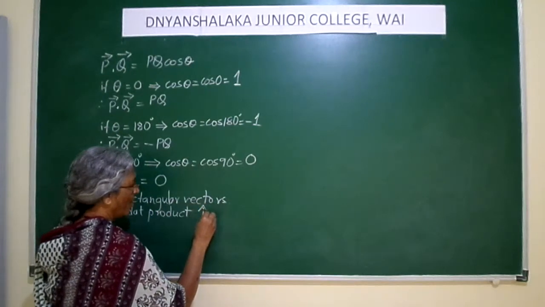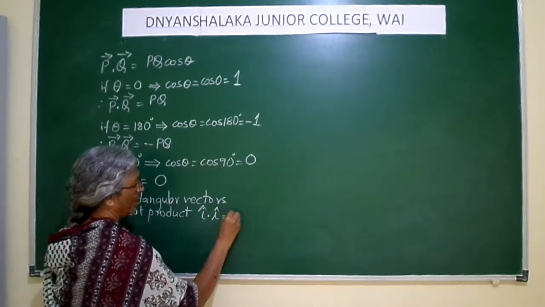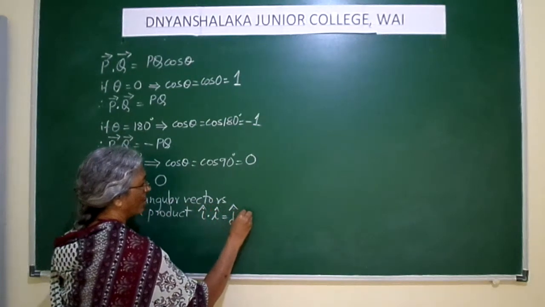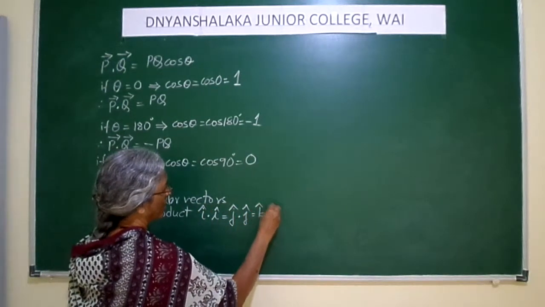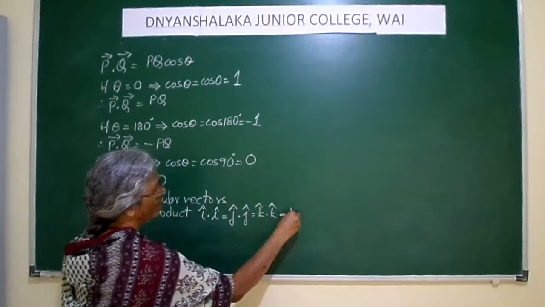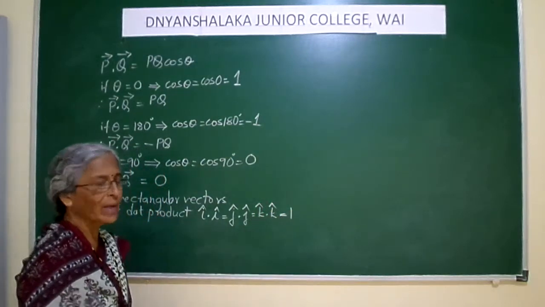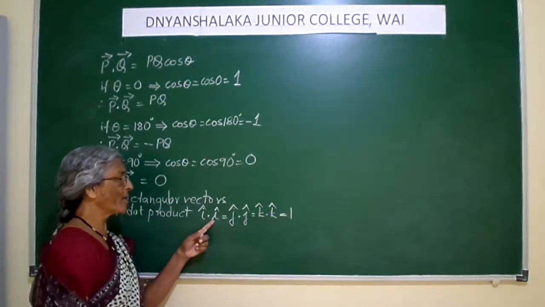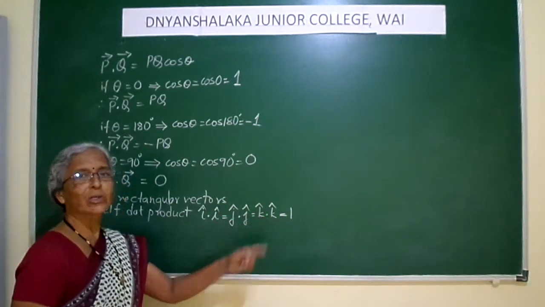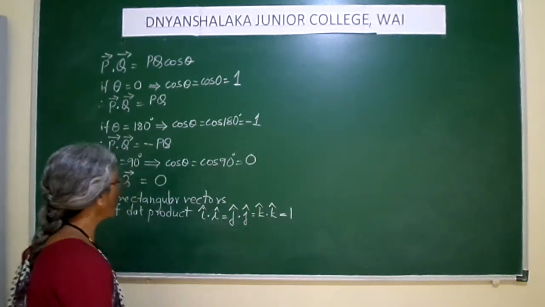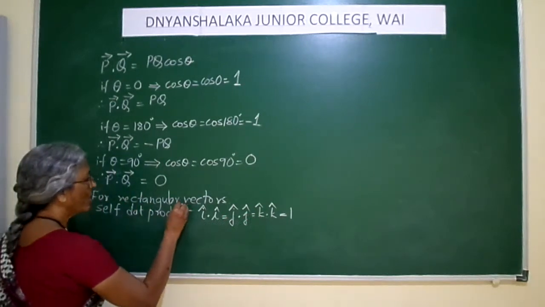Vector i dot vector i will be equal to vector j dot vector j will be equal to vector k dot vector k, and this value will be equal to 1 because it will be i square equal to j square equal to k square, but these are rectangular unit vectors.